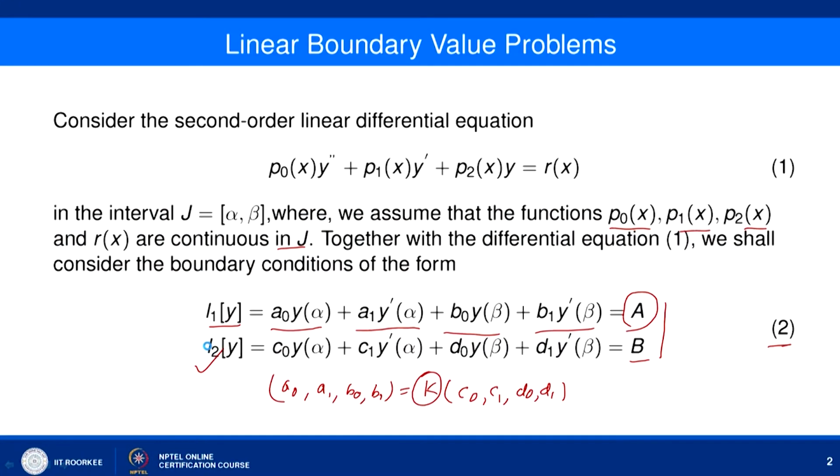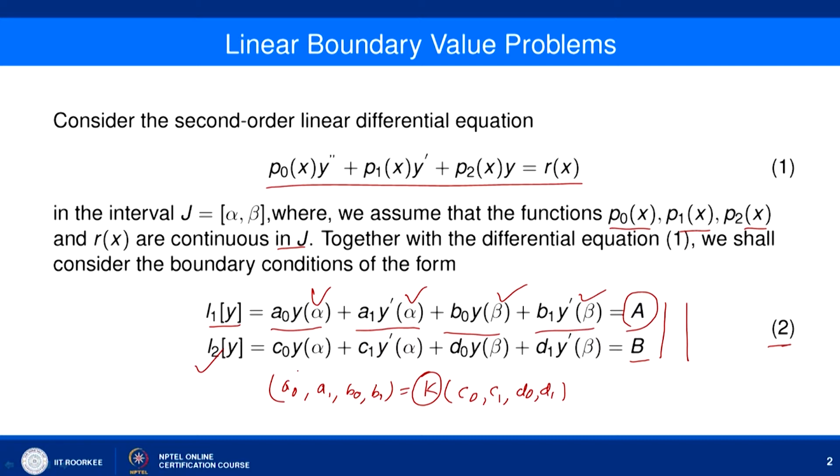First, just look here: there is an equation and a boundary condition, because this condition is defined at 2 points, alpha being one endpoint and beta the other endpoint. So, we say that L 1 y and L 2 y are conditions defined at two different points, that is alpha and beta.